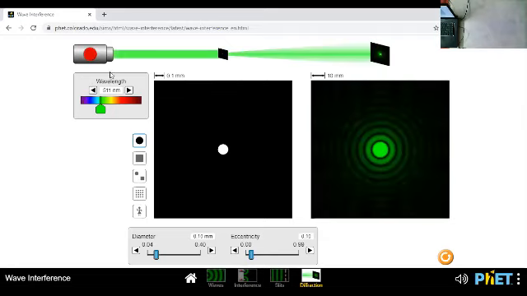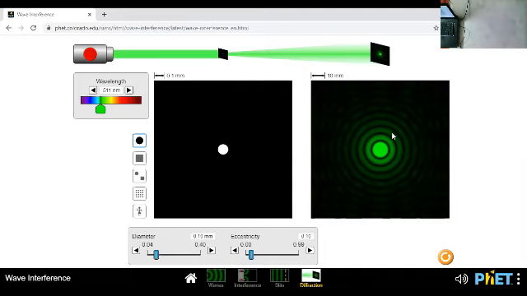You can see the center one is very dark. The topmost one is bright. Here what we are getting, guys, alternate dark and bright bands.